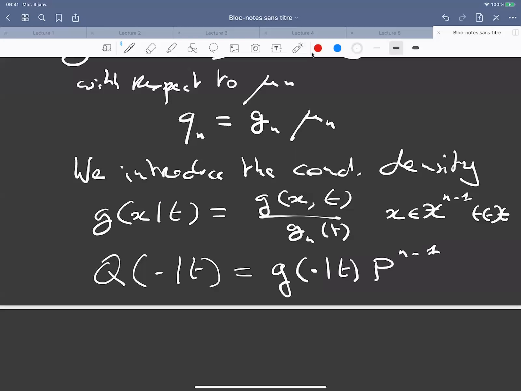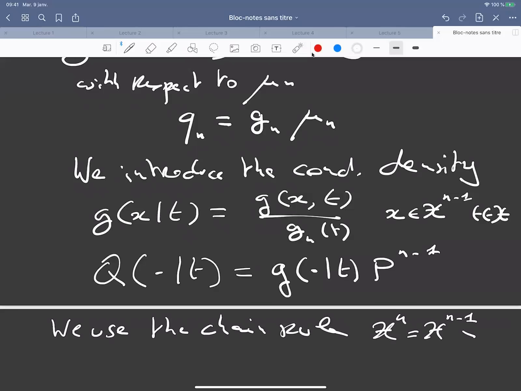And now we use the chain rule. We use the chain rule in dimension 2 because here we are looking at xn as xn minus 1 product with x. Okay, so we have a two-dimensional situation.